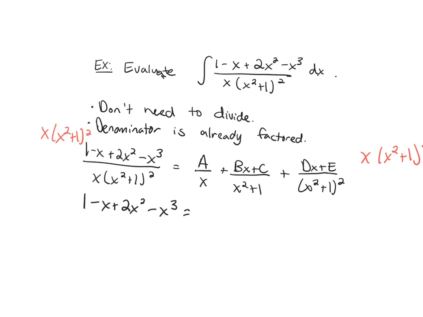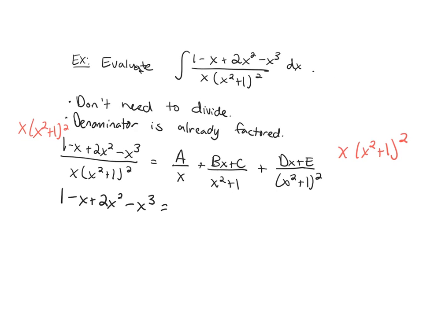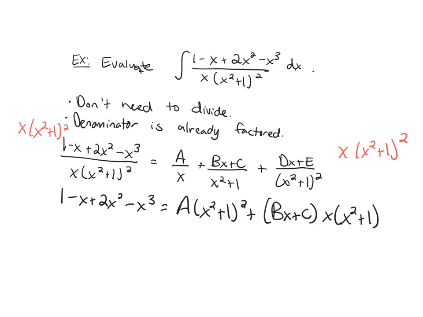So I'm going to be left with A times (x squared plus 1) squared. Middle term, what cancels? One of the x squared plus 1 factors, so I have one left. So (Bx plus C) times (x squared plus 1).